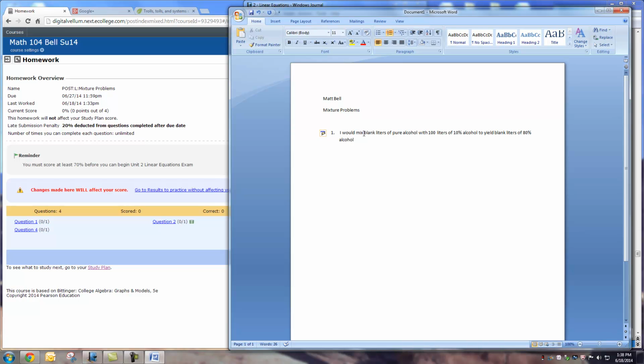So this number is going to be your x, this blank, and then this one is going to be x plus 100. Right? So that's really all I need for your solution.